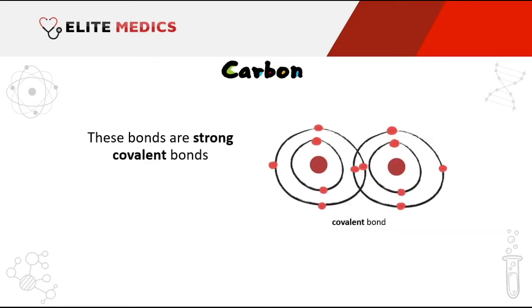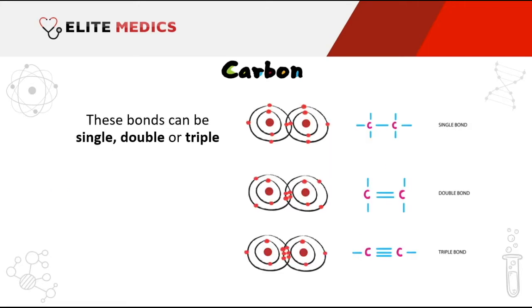Okay? The other thing we need to know about carbon is when a carbon bonds, it's bonding with very, very strong covalent bonds. Again, remember when we talk about covalent bonds, it's all about the sharing of electrons. The carbon atom here and the carbon atom here are sharing their electrons to complete their outer shells. What we also need to remember is that a carbon to carbon bond doesn't necessarily have to be single.